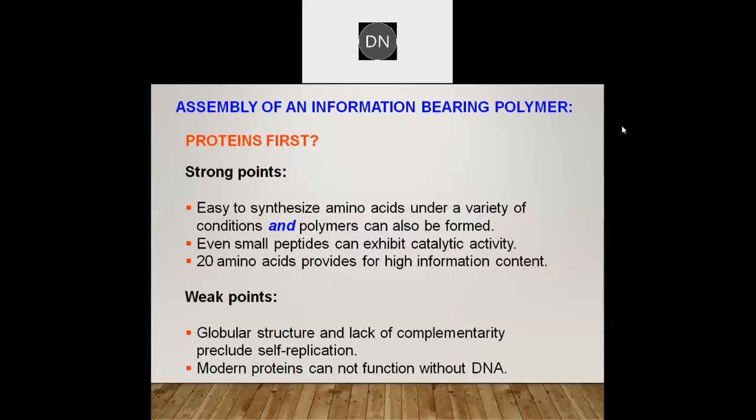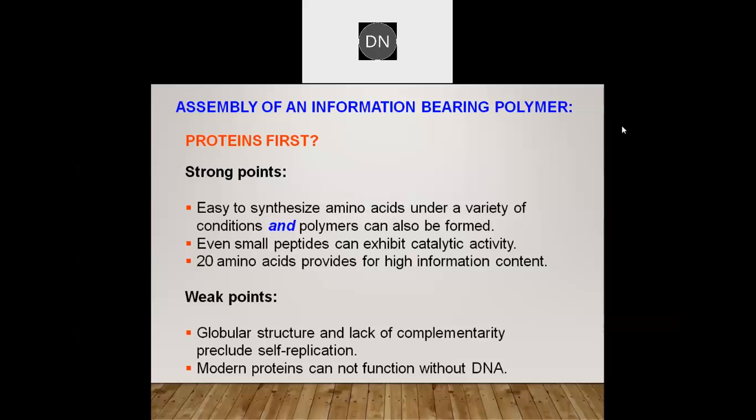Assembly of information-bearing polymers. Here is protein first. There is a confusion. There are 2 points here, a strong point and a weak point. The strong point is that it is easy to synthesize amino acids under a variety of conditions, and polymers can also be formed.